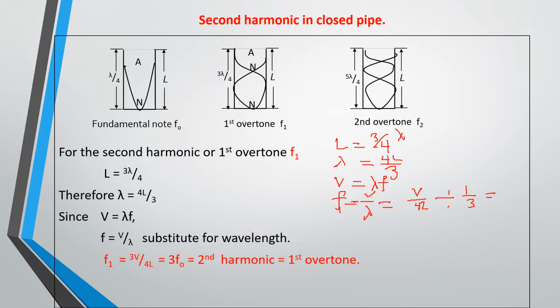So if you work this out, you have that F1 is equal to 3V all over 4L. 3V all over 4L.